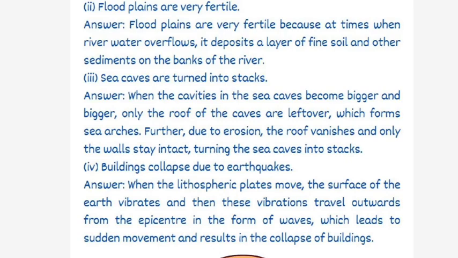Sub-question 4. Buildings collapse due to earthquake.